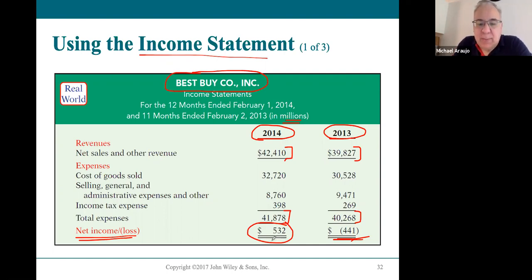So if Best Buy did make $532 million profit, how much of that profit, those earnings, if it was broken up by the number of shares of the company, how much of those profits are mine per share? Now that's really what earnings per share looks at.